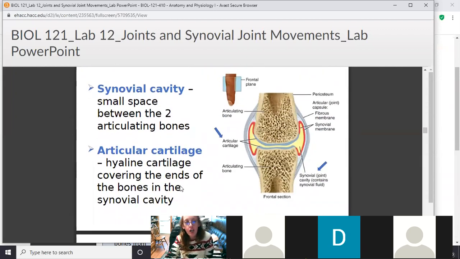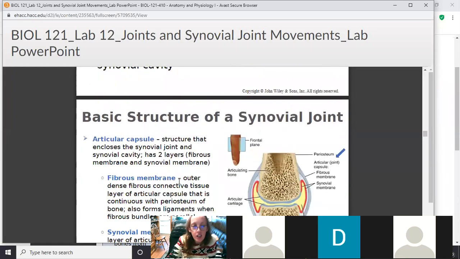Articular cartilage: hyaline cartilage covering the ends of the bones in the synovial cavity. Articular capsule: the structure that encloses the synovial joint and synovial cavity, which has two layers, the fibrous membrane and the synovial membrane.